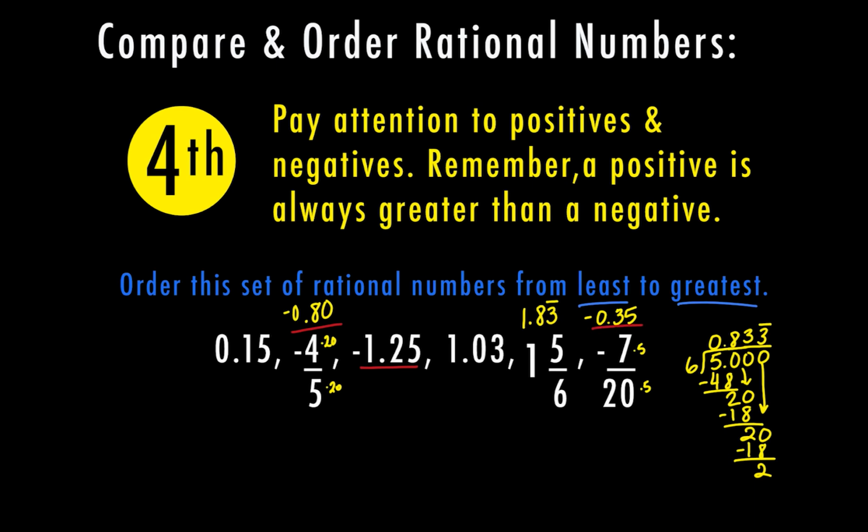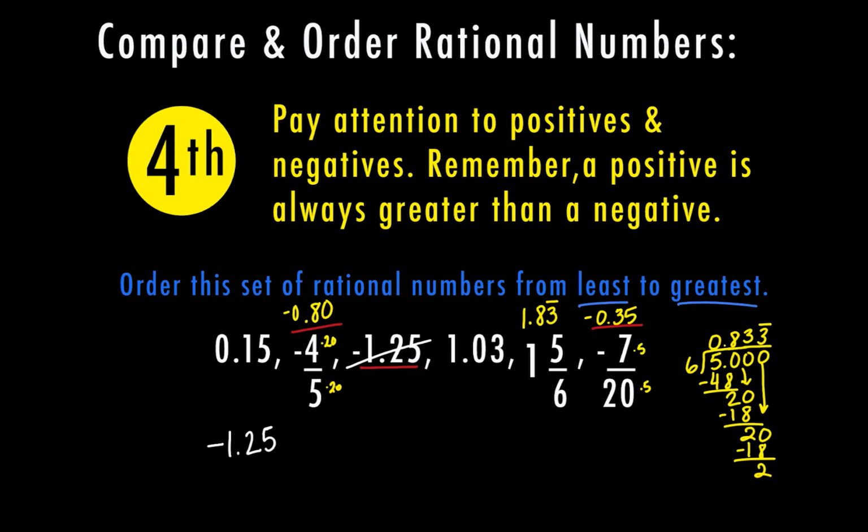So negative 0.8 or 8 tenths. I have a negative 1 and 25 hundredths, and I have a negative 35 hundredths. Now, when you're ordering negatives, remember it's opposite of ordering positives, where the bigger one is actually smaller. So here we have negative 1 and 25 hundredths is going to be our smallest number.